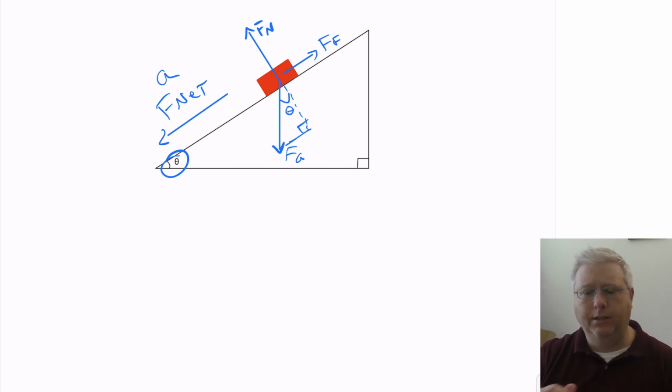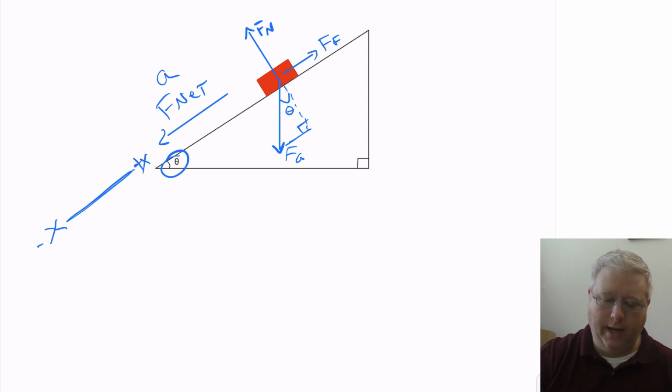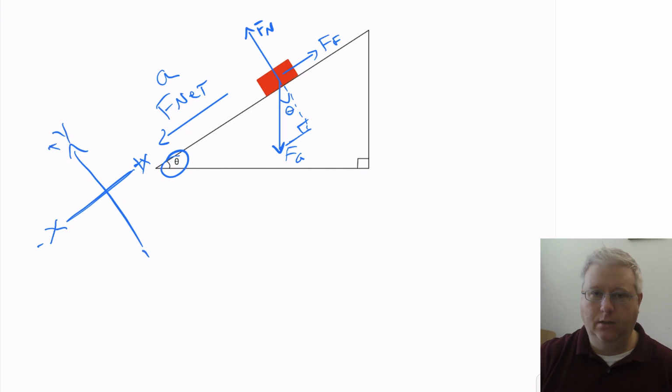Remember, with our tilted axes we discussed, we set it up so the x-axis runs parallel to the plane, and the y-axis runs perpendicular to the inclined plane. Then we can determine the x component of gravity by calculating this side of the triangle.